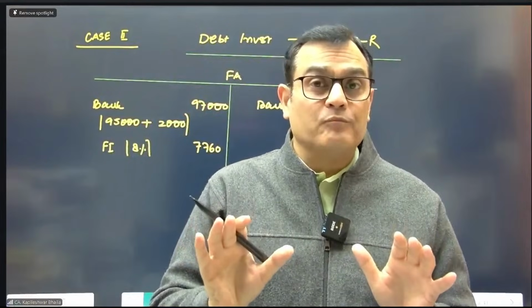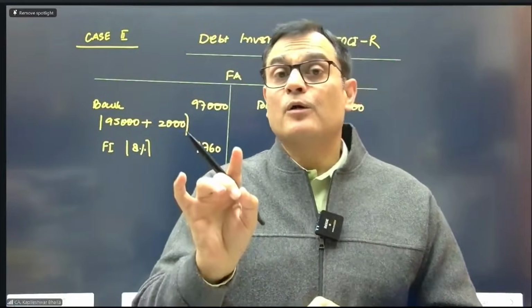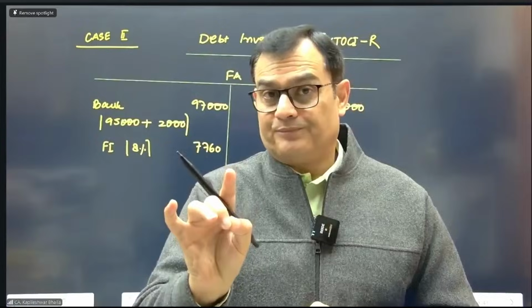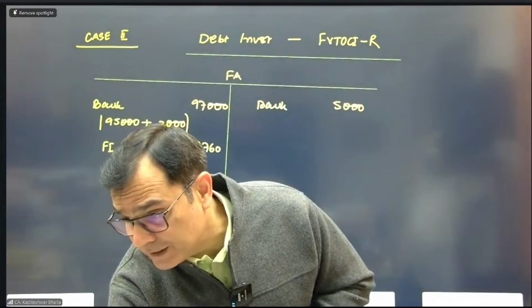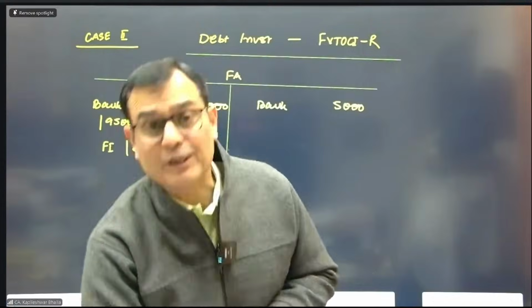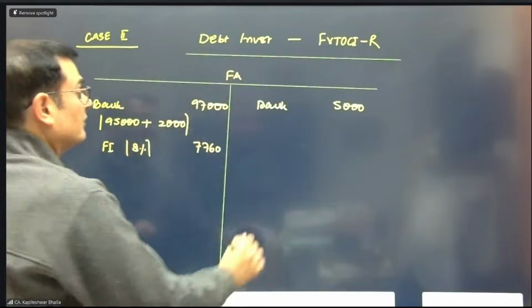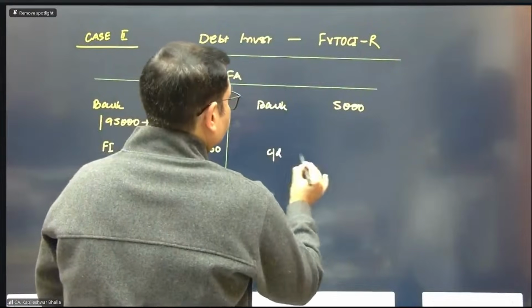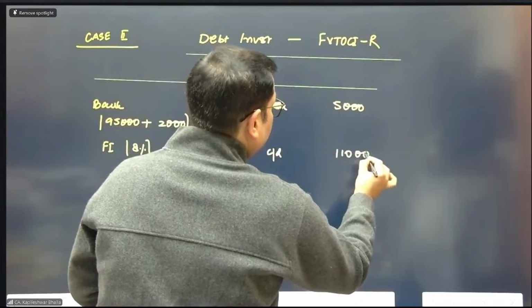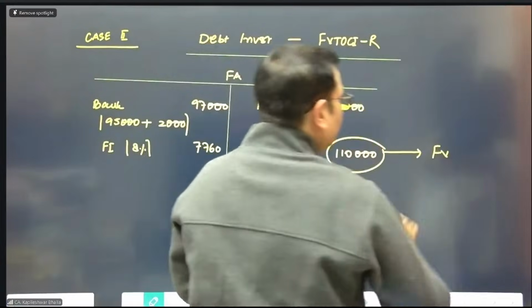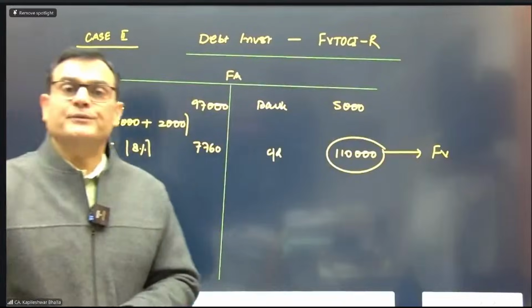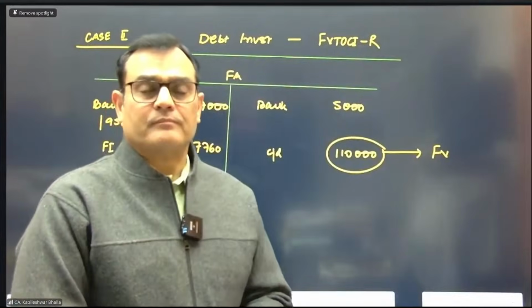The only change comes at the end of the year, that now you're going to consider the fair value. And I think I gave you the fair value, that the fair value at the end of the year is supposed to be 1,10,000. So in this particular case, when you take the balance CD, you are going to consider 1,10,000, which is supposed to be the fair value. Unlike AC, where you took the book value, that is the balancing figure.